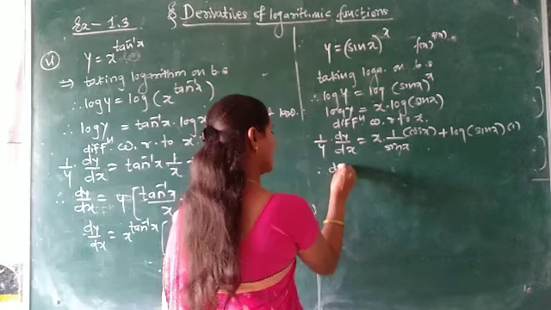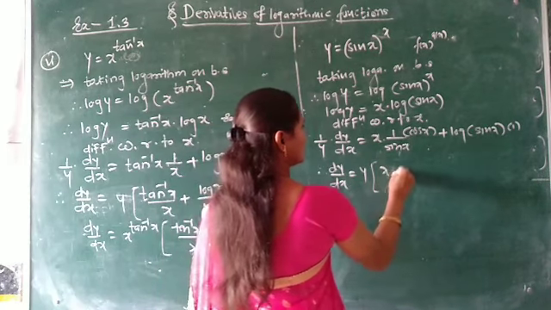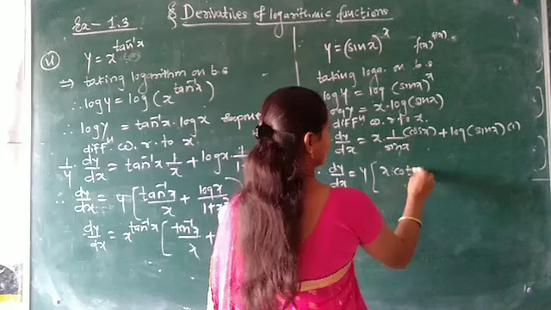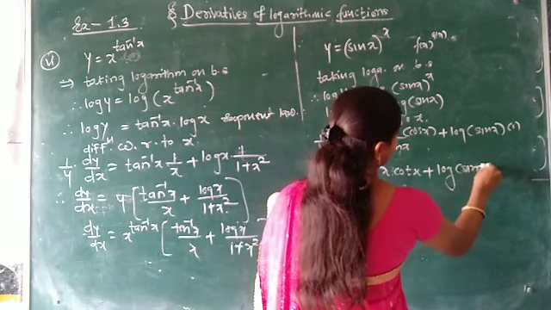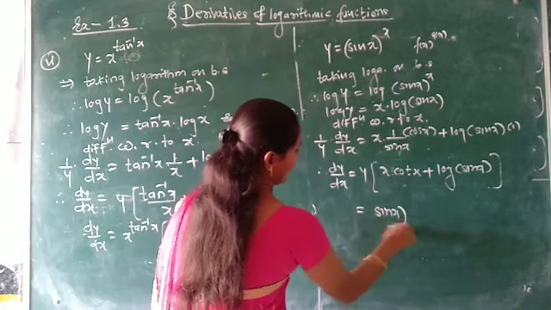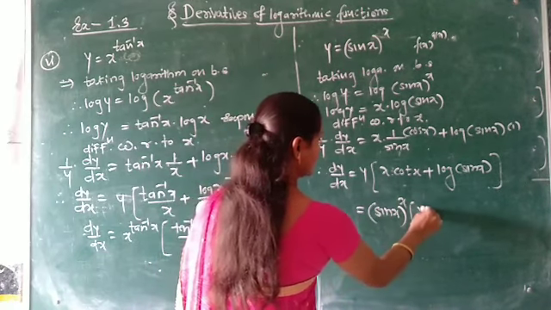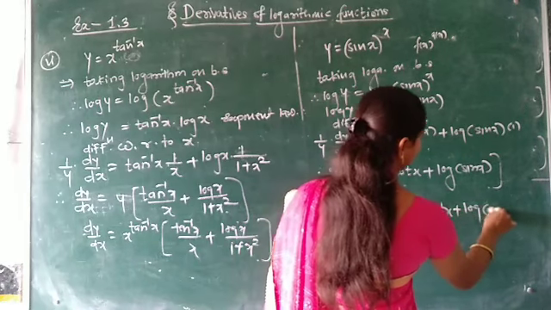Therefore dy upon dx is equal to y into x cos x upon sin x, that is cot x, plus log of sin x. Now write the value of y: (sin x) raised to x into x cot x plus log of sin x.